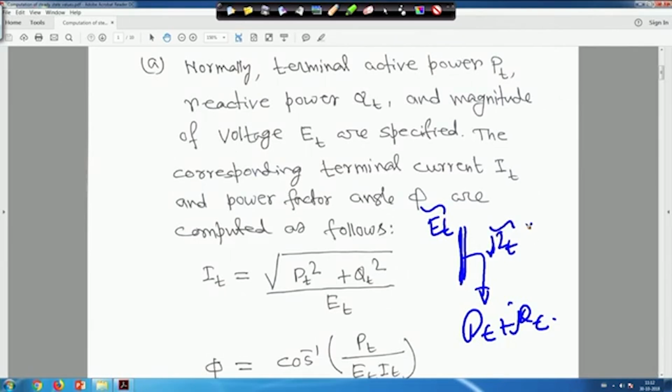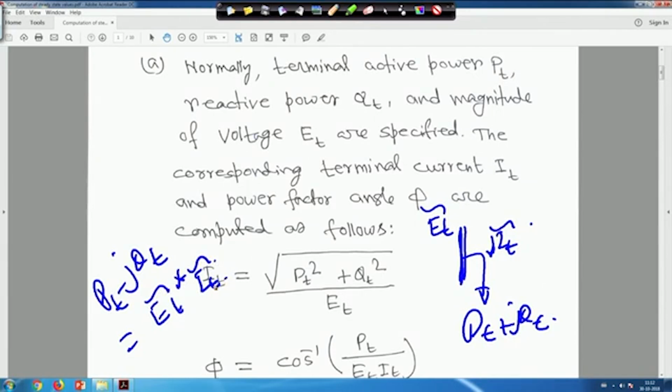When you write load flow studies, you have studied the power injection equation, Pt minus jQt, we can write as Et tilde conjugate IT, right? These Et and IT are phasor quantities.